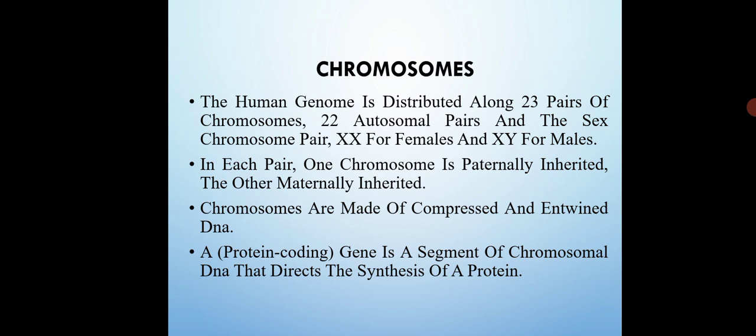In females it is XX, and in males it is XY. In each pair, one chromosome is paternally inherited and the other is maternally inherited. Chromosomes are made up of compressed and confined DNA. A gene is a segment of chromosomal DNA that directs the synthesis of a protein.